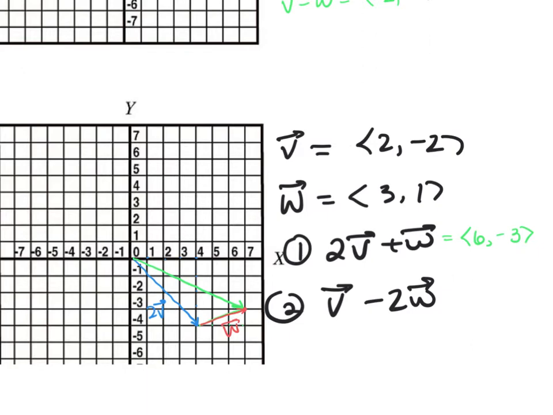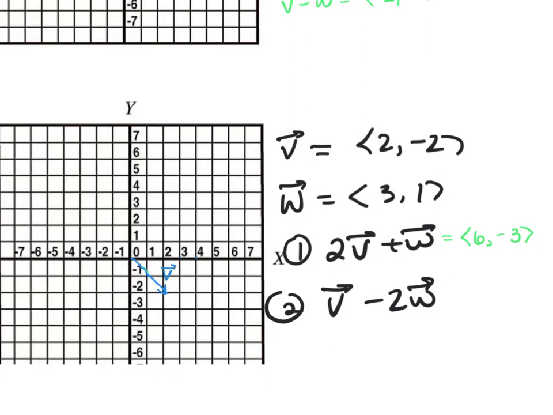Now my other one is I'm going to do negative 2. So in other words, I'm going to reverse the direction of my w vector. I need to also scale this back down, because it's no longer 2. So this is my v.